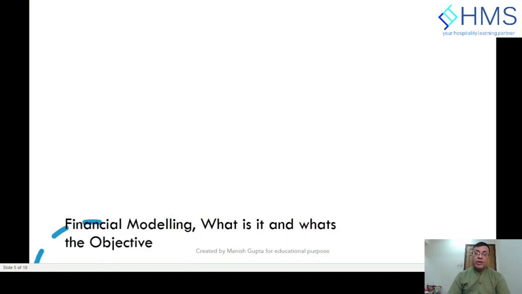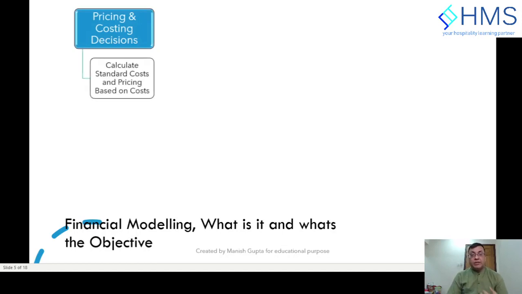Financial modeling will basically help in pricing and costing decisions, where we can make decisions about what the standard cost of the product is, and based on those costs, what the variable cost would be, and how the price should change if there is any change in the standard costing, or in the raw material or input cost that we are using.